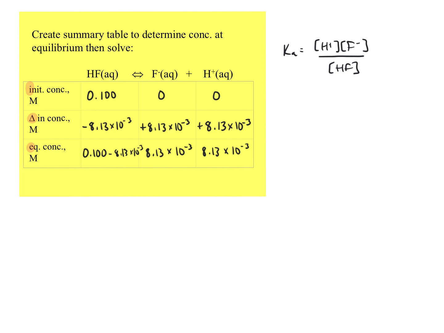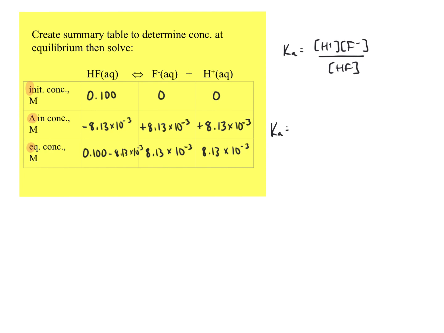And the question is trying to find out what Ka is. So we're going to substitute all of these numbers from the equilibrium line into the expression to find out specifically what Ka is.